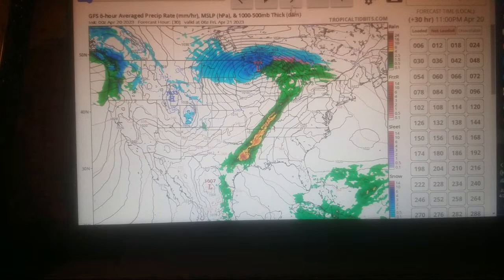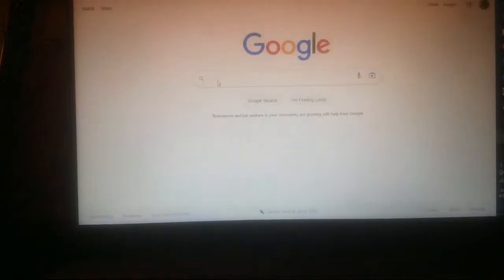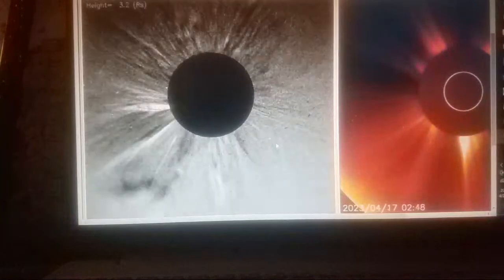And we have energy coming in. You know what, before we go any further, I have to open up the seeds again here and go to the 17th, so we know what to expect for tomorrow on 420. What kind of energy do we have coming in on 420 is what left the sun on the 17th.